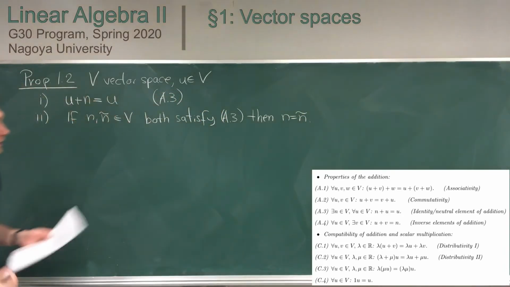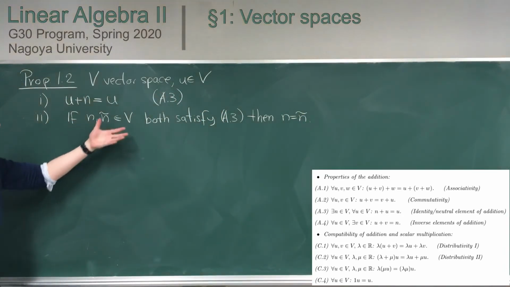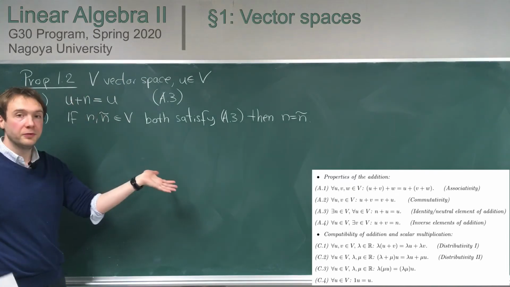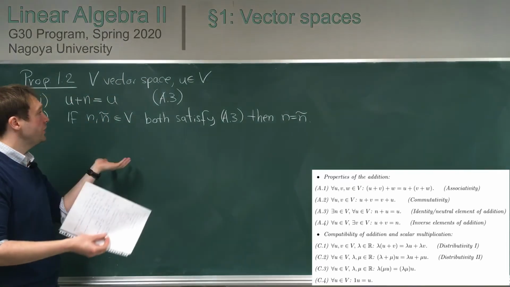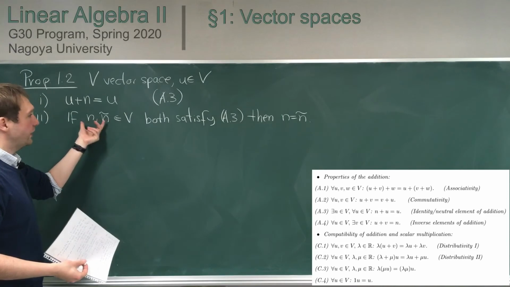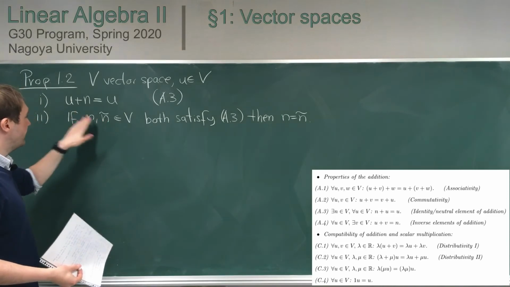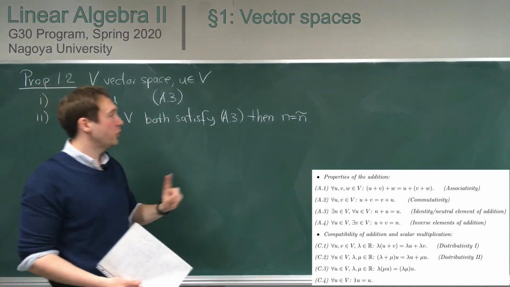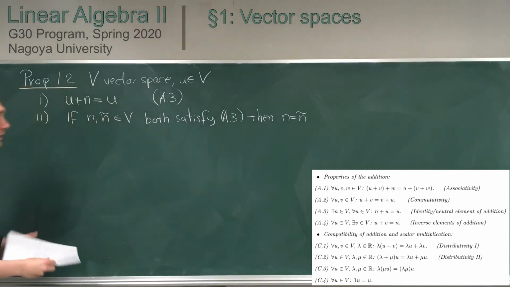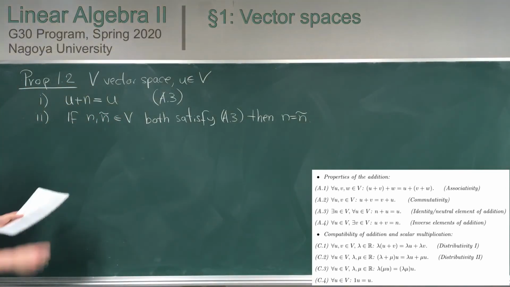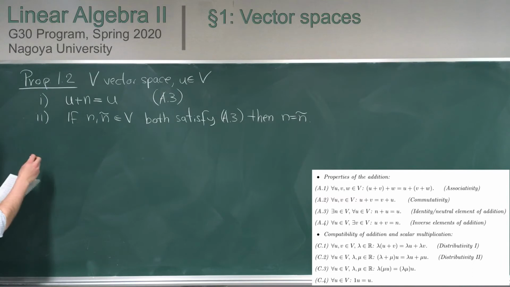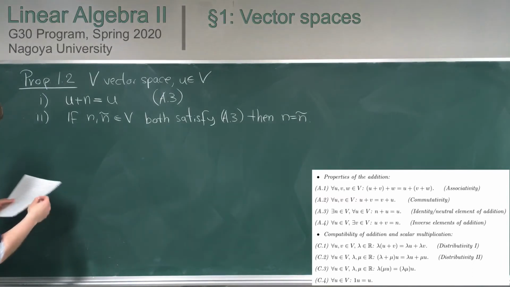So in other words, if I have two elements which have this property that if I add them to something else, they don't do anything, then they are equal. So this means that this element n is unique. There's always just one element n which satisfies this property. So in other words, there's just one zero vector.